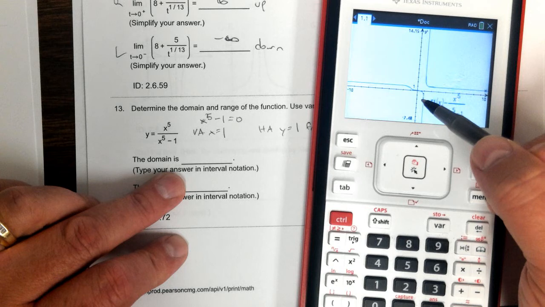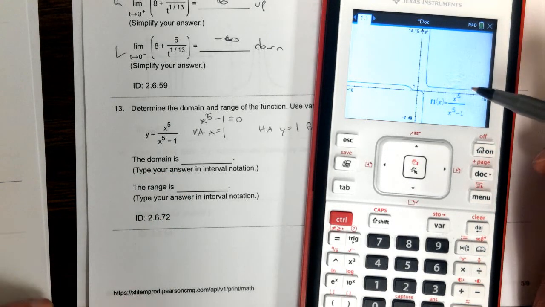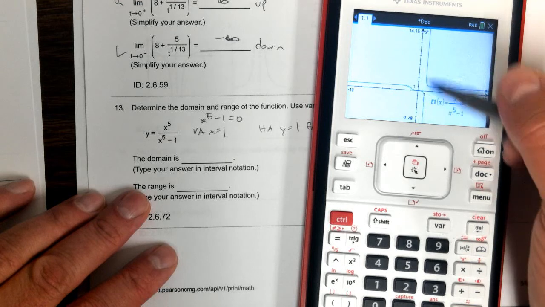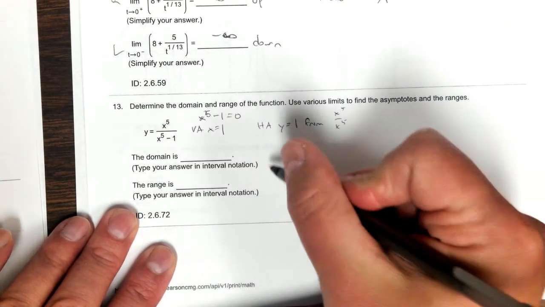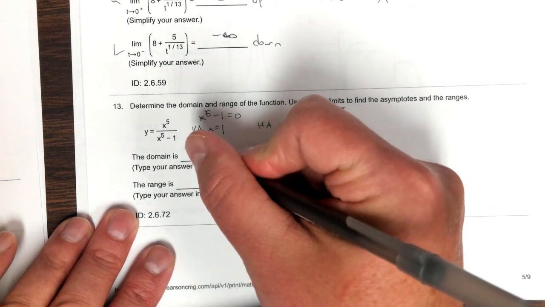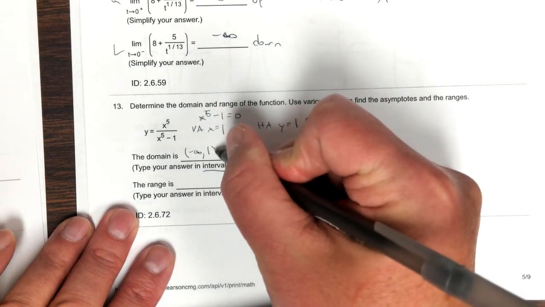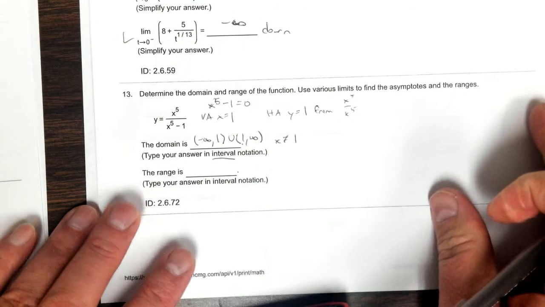And here it's down, here it's up. As far as the domain, it's defined everywhere except where x is 1. So if we say x not 1, in interval notation that would be negative infinity to 1 union 1 to infinity. Don't use brackets.